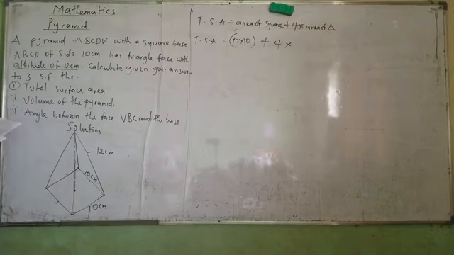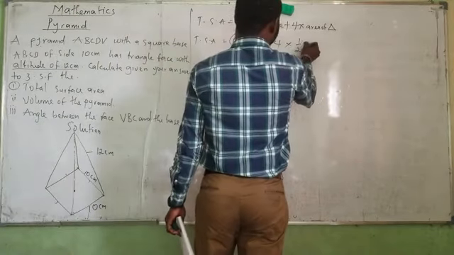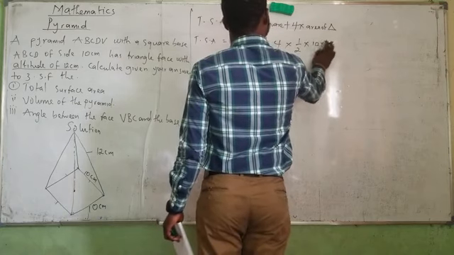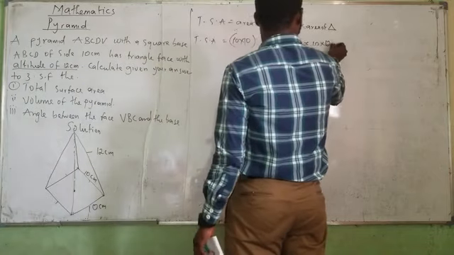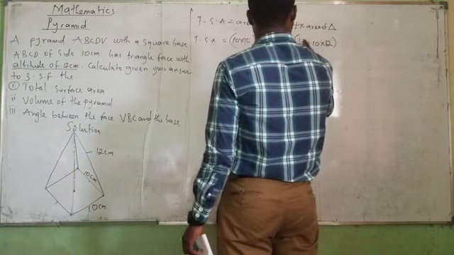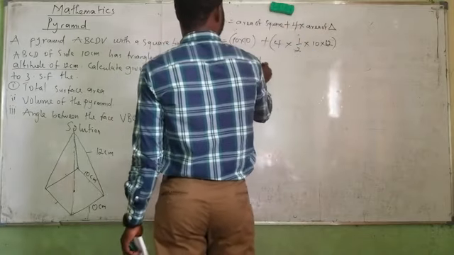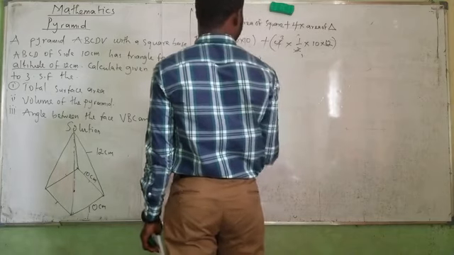Can I find the area of triangle? The answer is yes, because it is half base times height. Half base times height, which is times 12. Now I'll be having 100 plus 4 times half times 10 times 12, which is 120, 240.